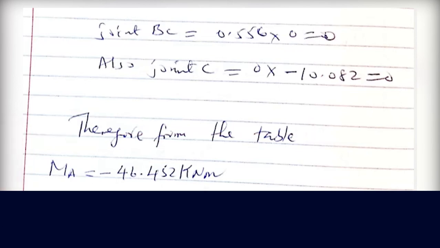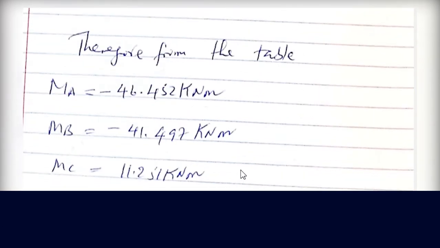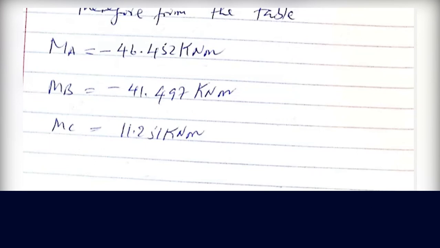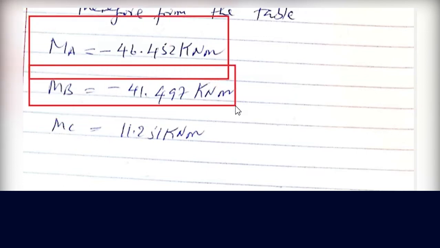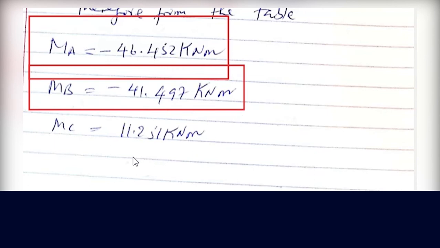If you summarize the support moments, you can get the joint A value and joint B value, and joint B has the vice versa, and joint C is a positive value. In that way you can have your moment, and through your moment you can calculate the support reactions due to the moment, by using the principle of equilibrium.